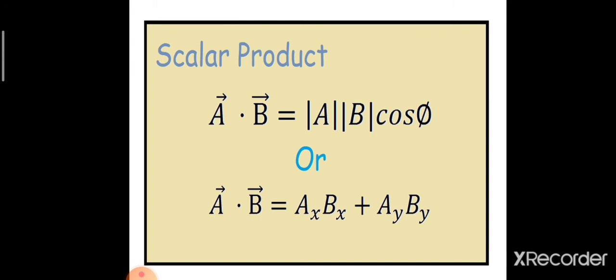So vector A dot vector B, or the scalar product of A and B, which is read as A dot B, is given by the modulus or magnitude of A into magnitude of B into cos phi, where phi is the angle between vectors A and B. In other words, A dot B is also equivalent to AX BX plus AY BY, which we will be discussing later.